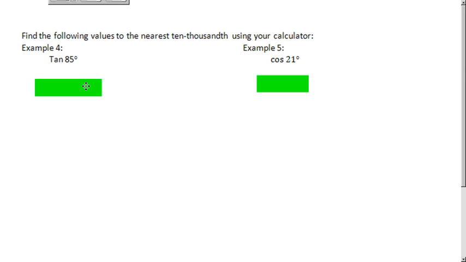Once you find it, push the tangent button, and then you'll put in your degrees, which is 85. So tangent 85, hit equals, and what do you come up with? Remember, round to the nearest 10,000th. Well, that is approximately 11.4301.